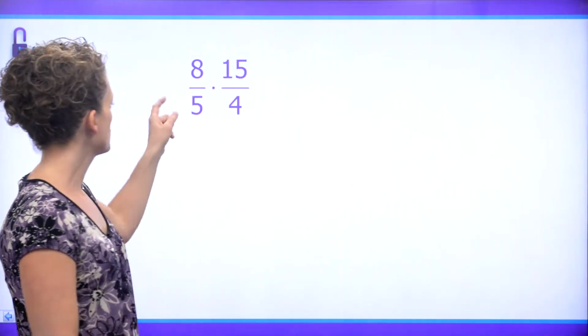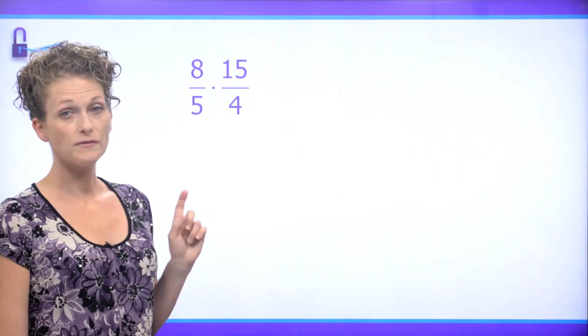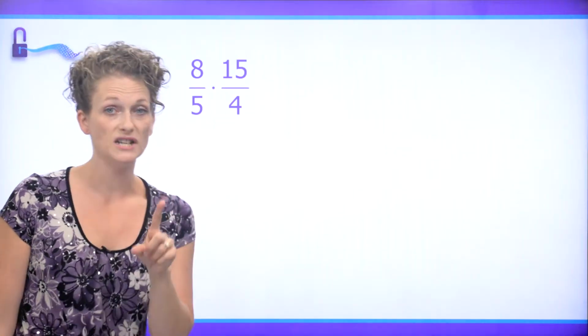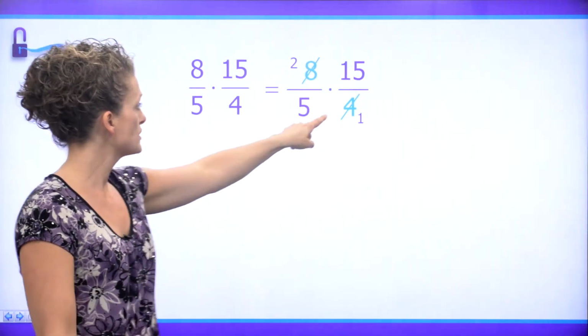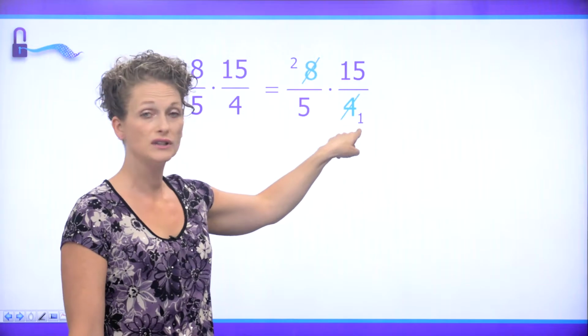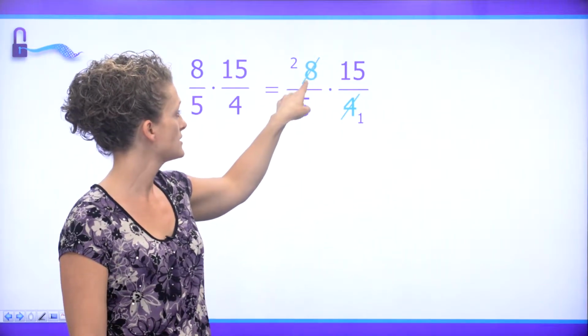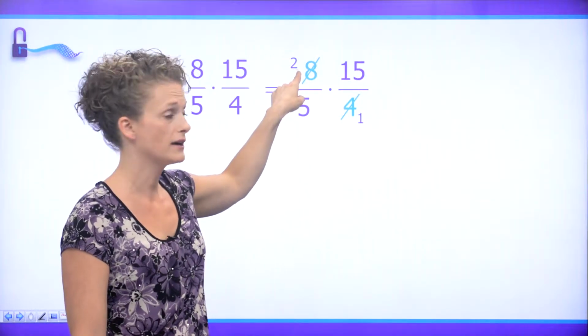All right, so 8 over 5 times 15 over 4. Now you might notice that 4 and 8 are factors of each other. So 4 will go into itself one time, and 4 will go into 8 two times. So notice I cancel off the 4, and I put the little 1 there as a reminder to myself, and I cancel off the 8 and realize that I divided it by 4 two times.